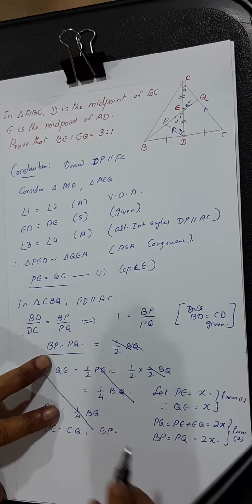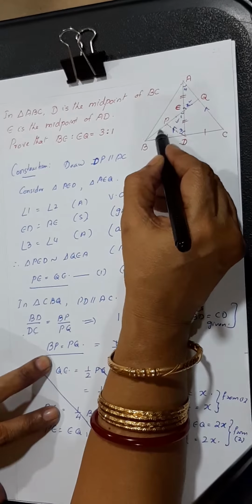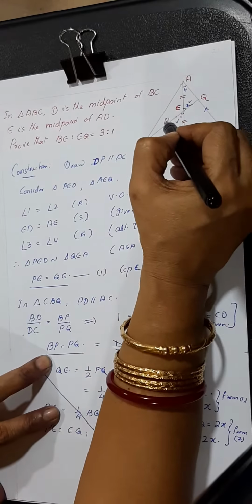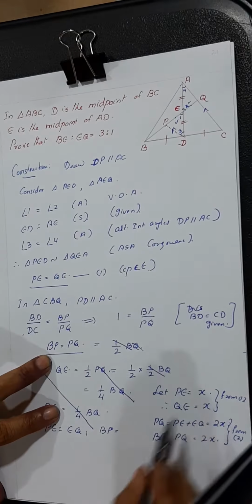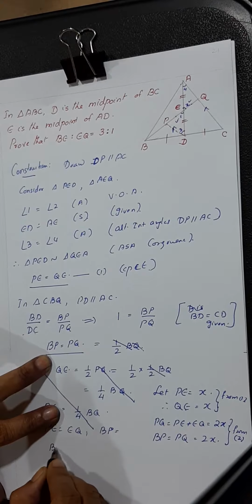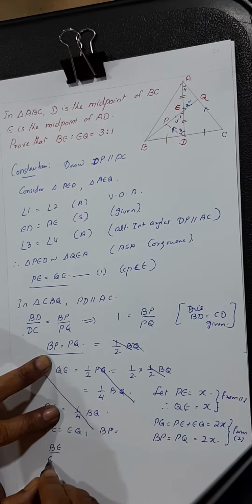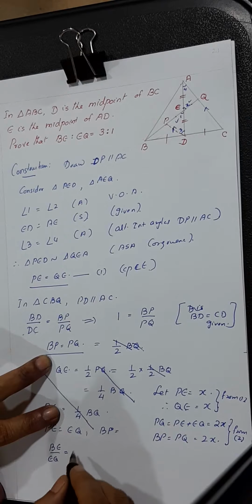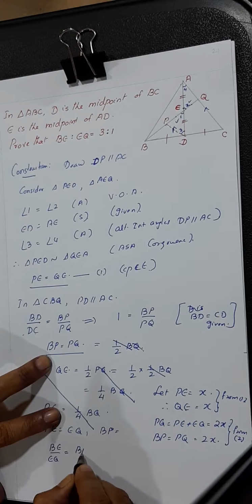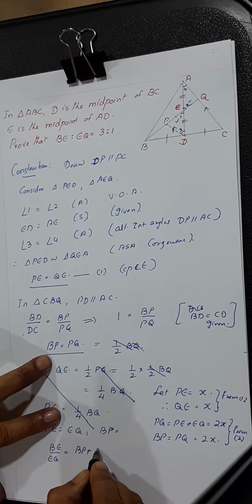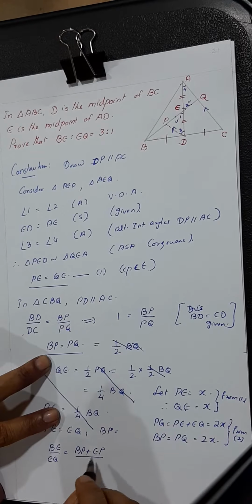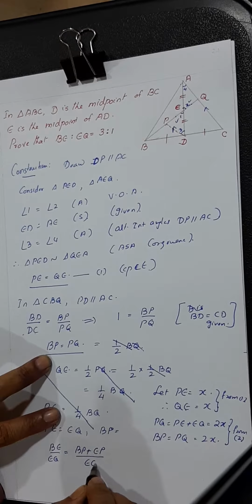So now we got BP is equal to 2x and PE is equal to x. So BE by EQ is equal to, BE can be written as BP plus EP by EQ.